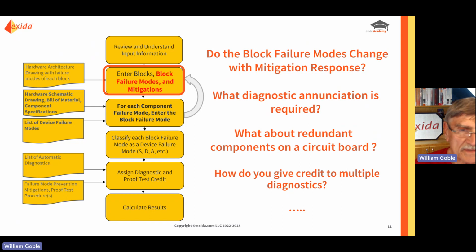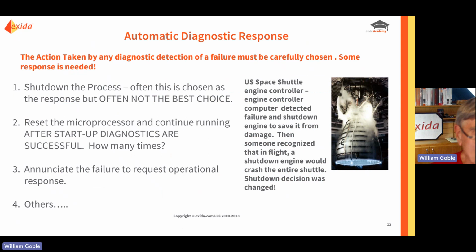What about redundant components on the circuit board? How do we give credit for that, or do we have to break it up into multiple subsystems and build a fault tree? How do you give credit for multiple automatic diagnostics? Well, we're going to talk about these issues and more today during our webinar.